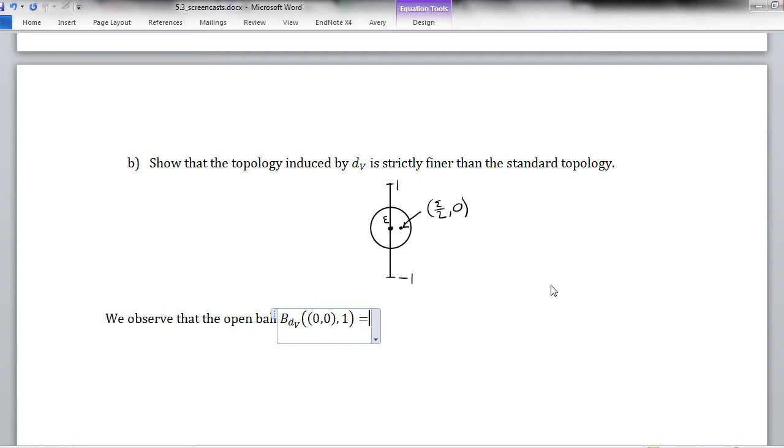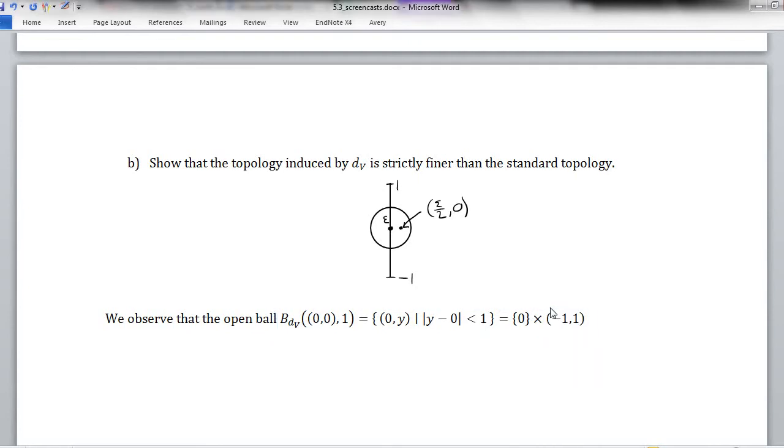Well, what is that? It should be the set of all points (0, y), right? It has to have the same first coordinate, and then the second coordinate has to be less than 1 away from 0. So in other words, it's just 0 times the open interval from -1 to 1.